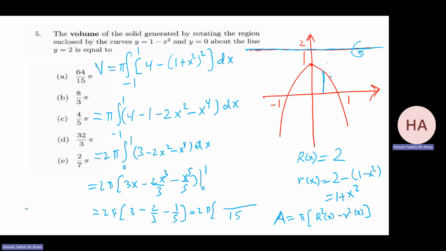Yeah, 15 times 3 is 45, 15 over 3 is 5, minus 10, minus 3. So I have 2π times, this is what? 32? Yeah, 45 minus 10 is 35, minus 3, 32 over 15. So that gives me 64π over 15, which is this one.